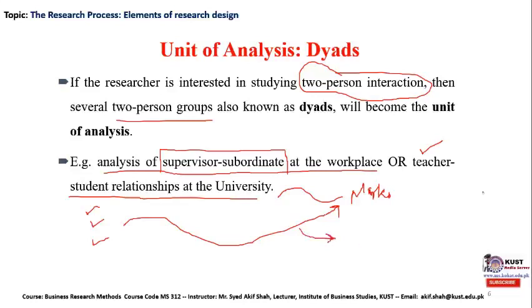So once again the unit of analysis over here is based on dyads, because the two subjects' relationship, teacher and student, has been discussed, and the data related to the dyad have to be collected so that its relationship with the dependent variable may be observed.